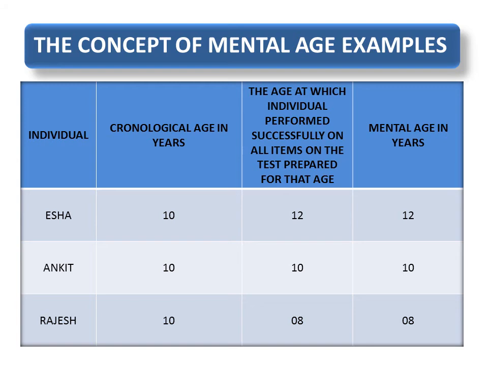And if an individual named Rajesh is 10 years old and performed successfully on all items of the test prepared for 8 years, then Rajesh's mental age is 8 years. So this example shows us that mental development does not correspond to chronological age.